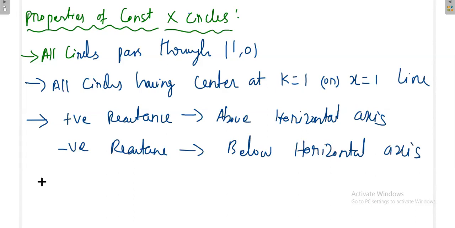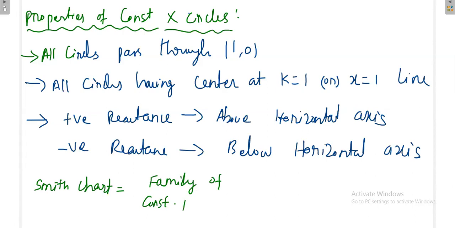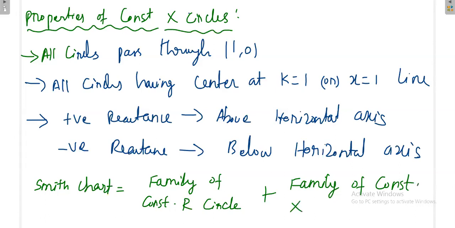Then finally, what is Smith chart? Another definition for Smith chart is family of constant R circles and family of constant X circles. Okay, Smith chart means family of constant R circles plus family of constant X circles.